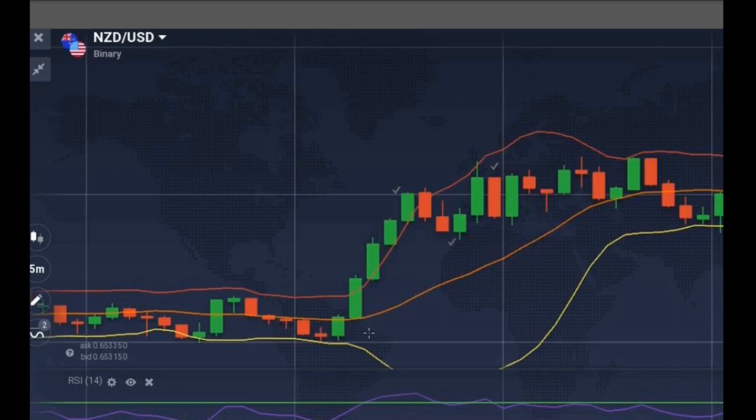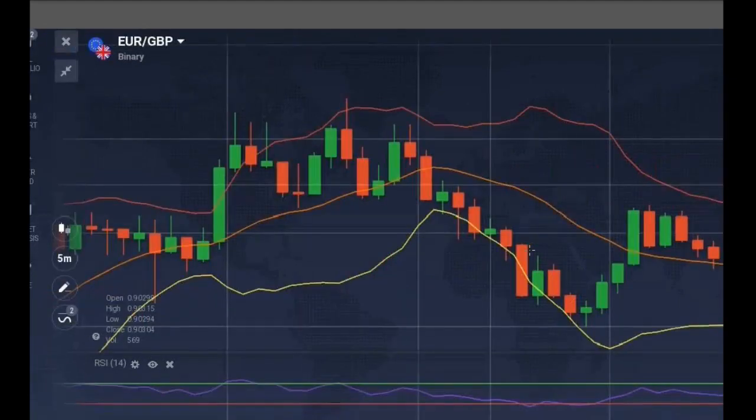Okay, so this is 90% accurate. You will surely win 90% of the time. So you will win 9 out of 10 trades, guaranteed. Okay, so let's move on to other examples so that you can understand the concept more.